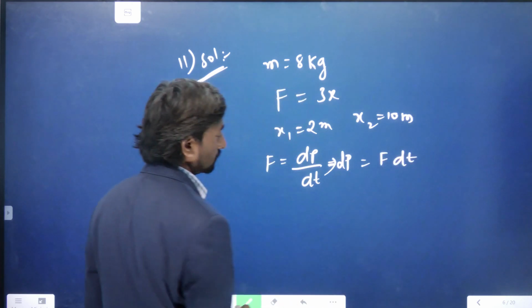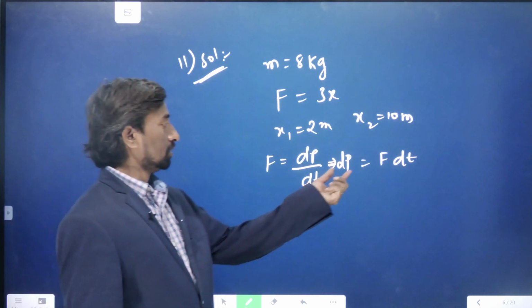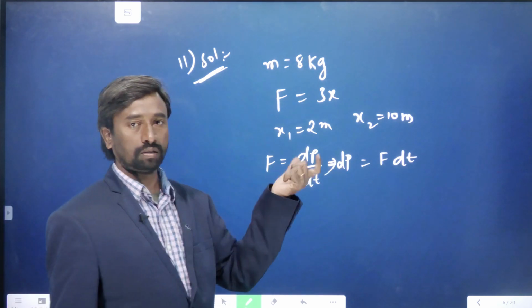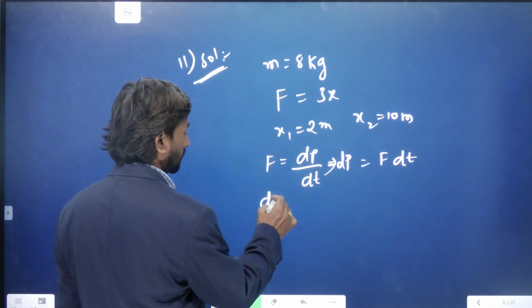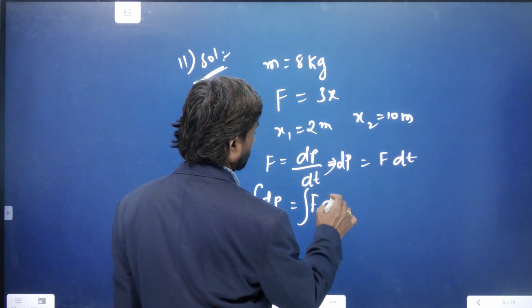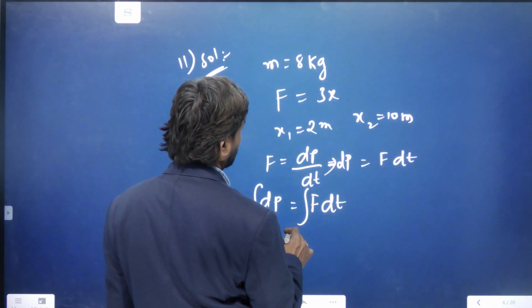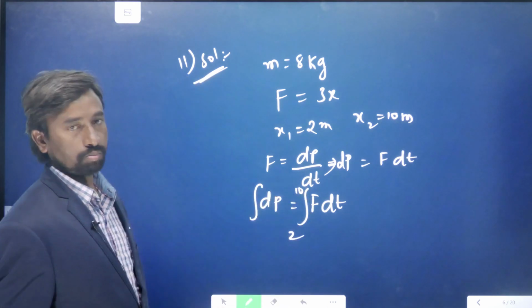This is a differential for the shortest duration of time. When the force is applied, the change in momentum takes place. For each small force we should integrate on both sides, and we will get the total speed. The limits are 2 to 10 meters, over which it is moving.